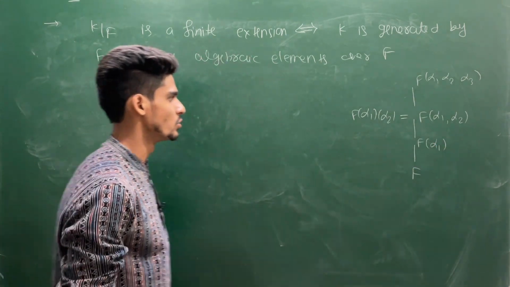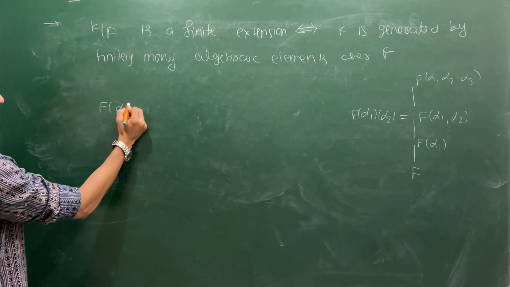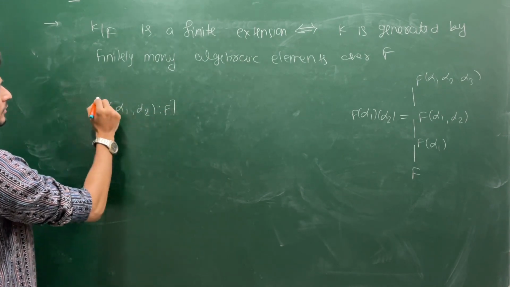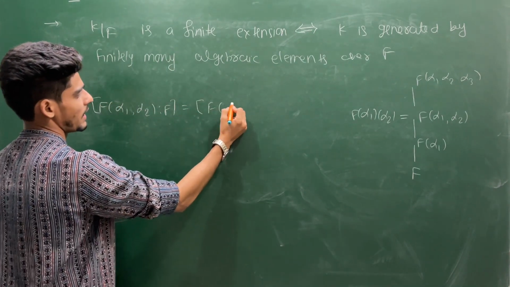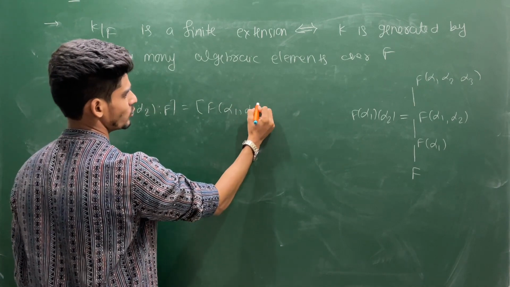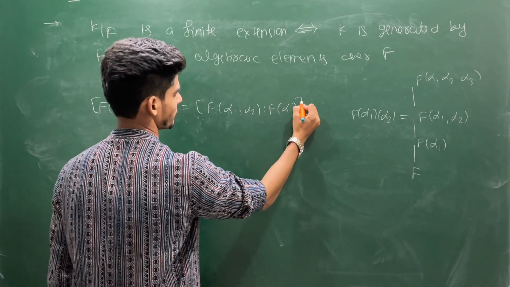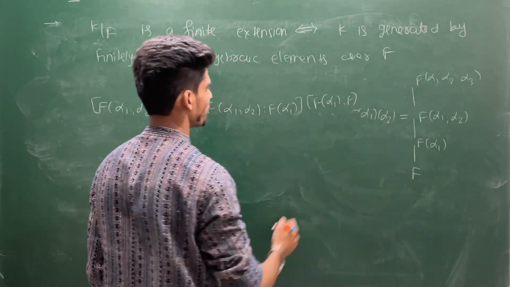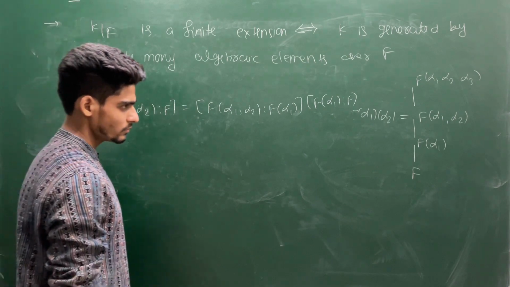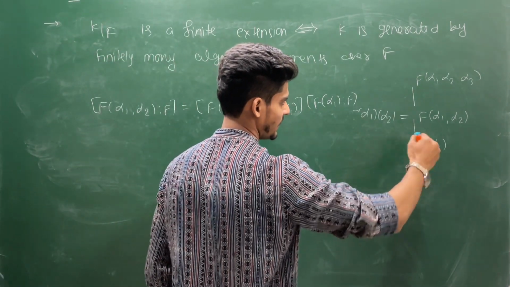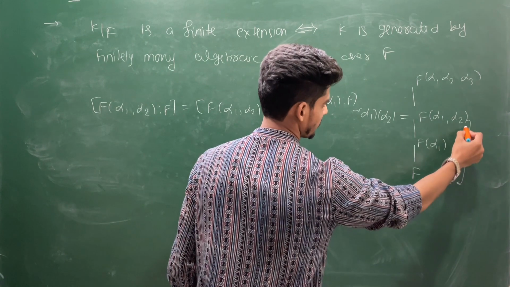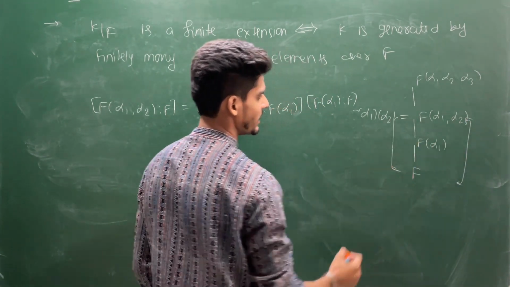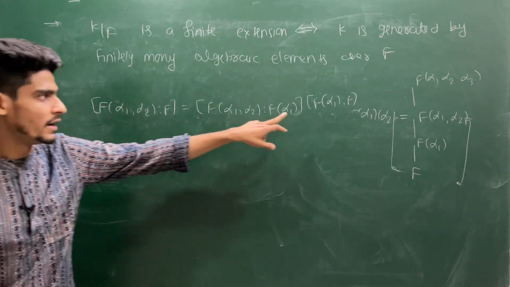I am writing it for these two: F(alpha1, alpha2) over F has F(alpha1, alpha2) over F(alpha1) times F(alpha1) over F. So the degree here will divide this degree, and the degree here will also divide this degree, because this divides this and this divides this.